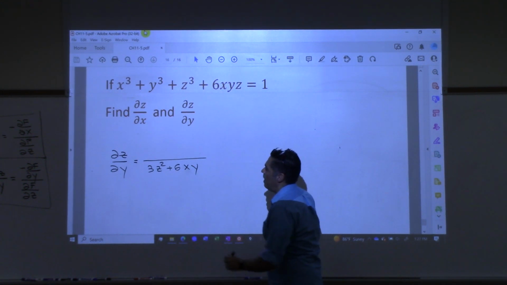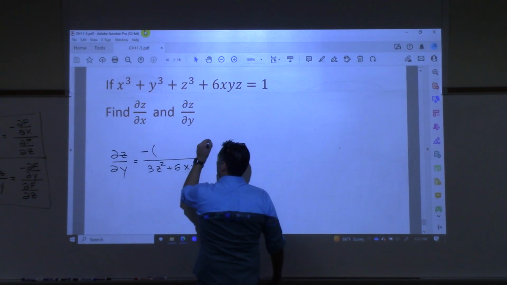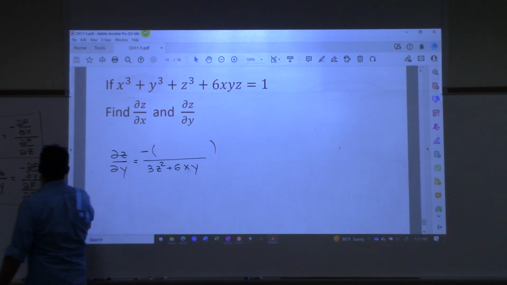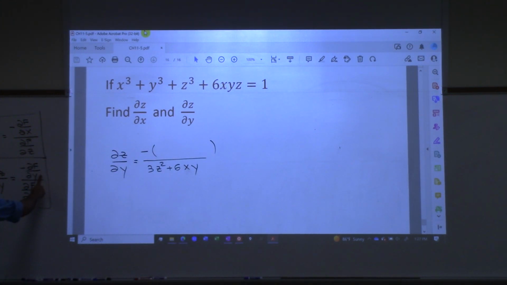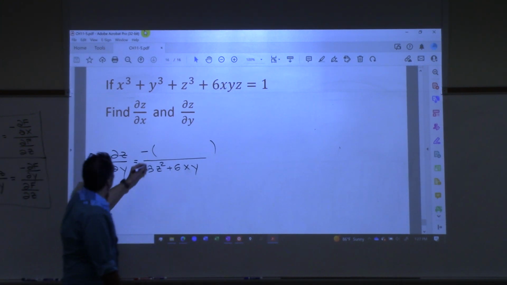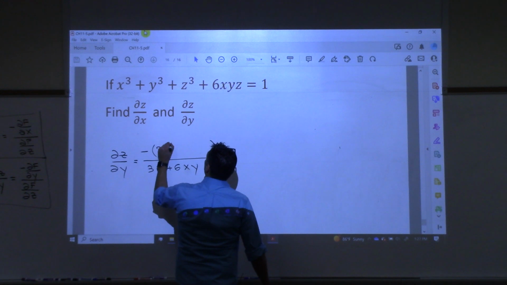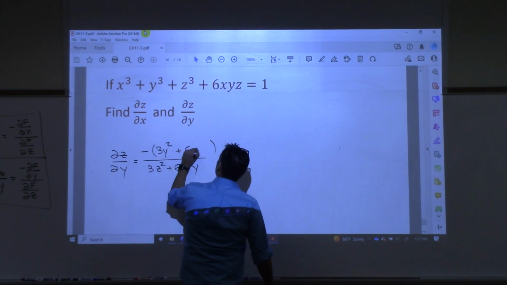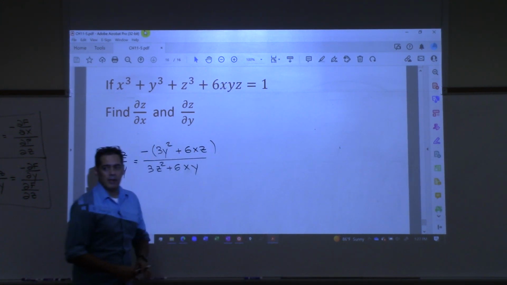And then on top I have negative, and then the partial of f, this time with respect to y. So not a lot changes there either, right? It's going to look really similar to the one that we had before. It's going to be 3y squared plus 6xz. There you go.